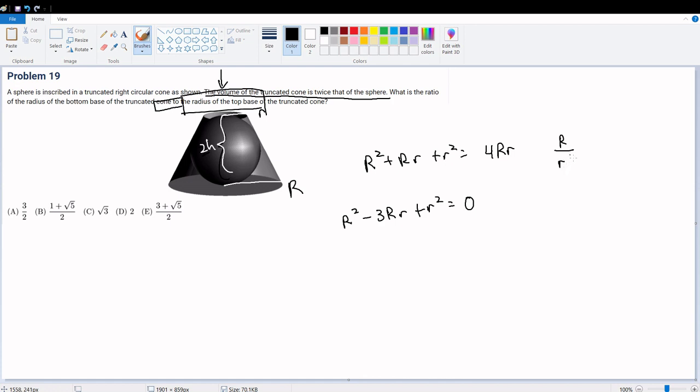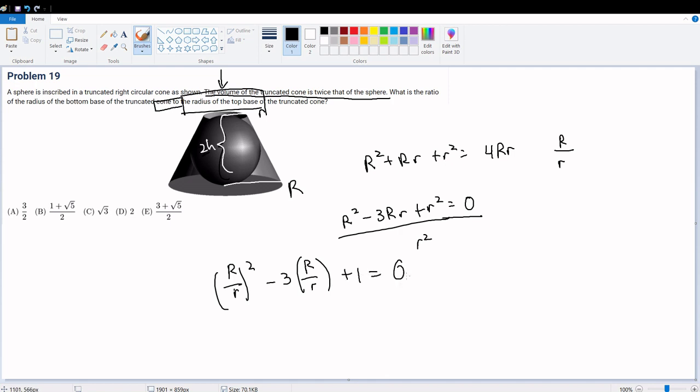So how can we find this, especially when we have an equation like this? Well, this is a pretty common trick when solving for ratios like this. We can divide everything by little r squared. And what will this do? Well, this will give us the equation big R over little r, squared, minus 3 big R over little r, plus 1 equals 0.